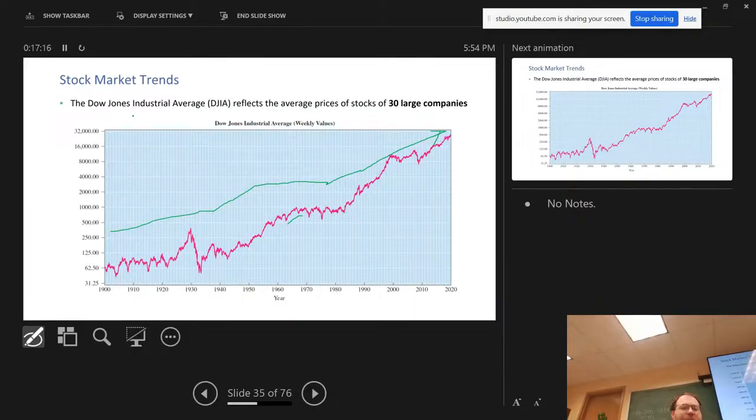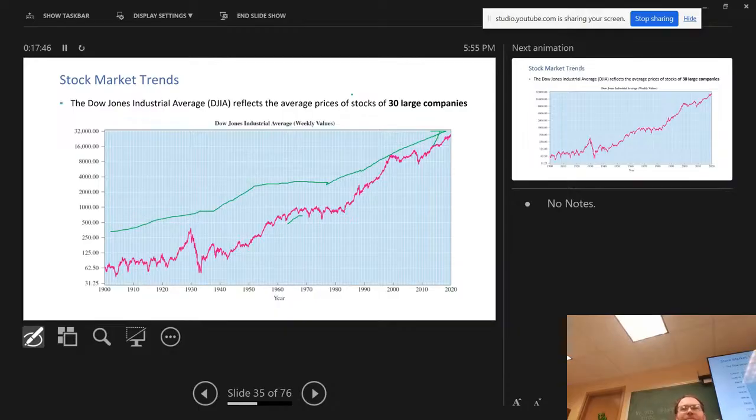And it would be like putting it into the Dow Jones Industrial Average, or the Dow, which is the average prices of stocks of the 30 biggest companies that are out there. So think things like Apple, Tesla, I think Pepsi's in there.